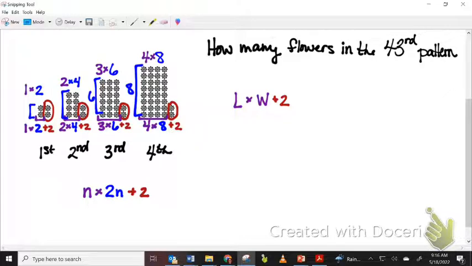So I can do n for this part, n times 2 for this part, and then plus 2. Could you use that information now to tell me how many there are in the 43rd pattern? You put 43rd and n times 2.